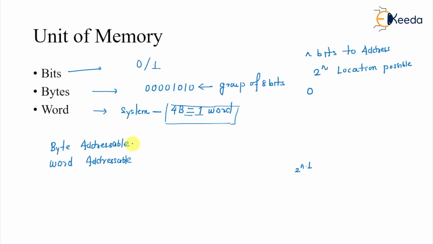Now if the system is byte addressable, then each location will consist of 1 byte of information. So byte addressability means 1 byte will be assigned 1 address.